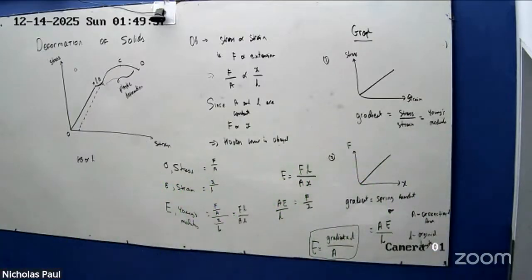So if you get these graphs, you have to be able to find Young's modulus from the graph.